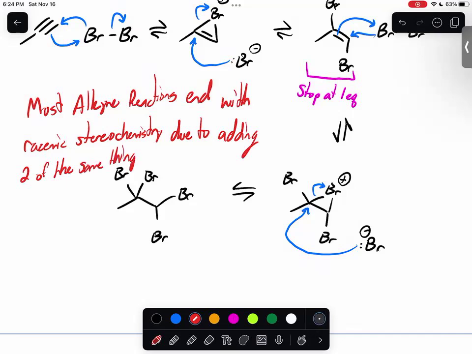Why does that matter? Well, because if you take a look at this final product that we formed down here, we have essentially made each of these carbons achiral because the two bromines are the exact same thing.